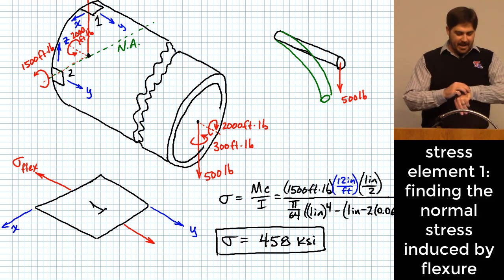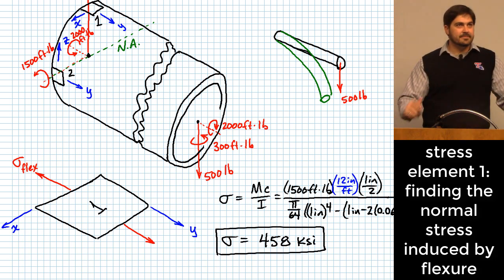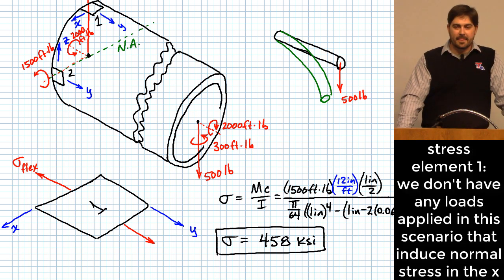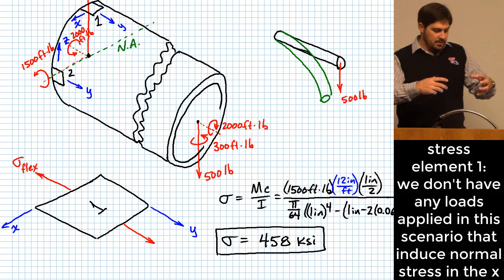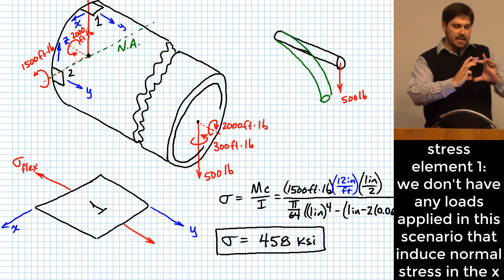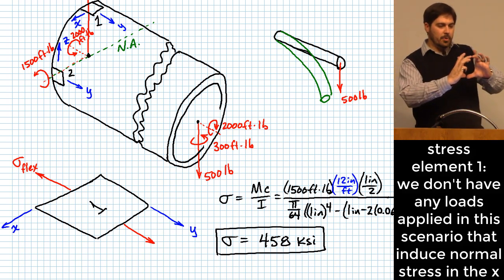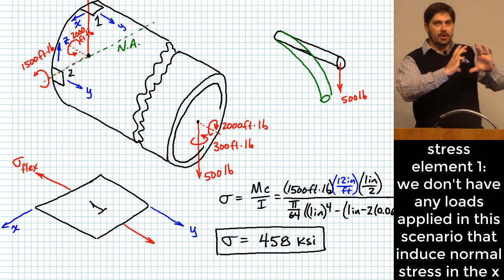What do you think might be next? We could try to figure out whether or not there's any stress in the x direction, although that's not really the one I would look at next. The reason why is, in order for there to be a stretch in the x direction, we would actually need to see this body increasing in diameter.